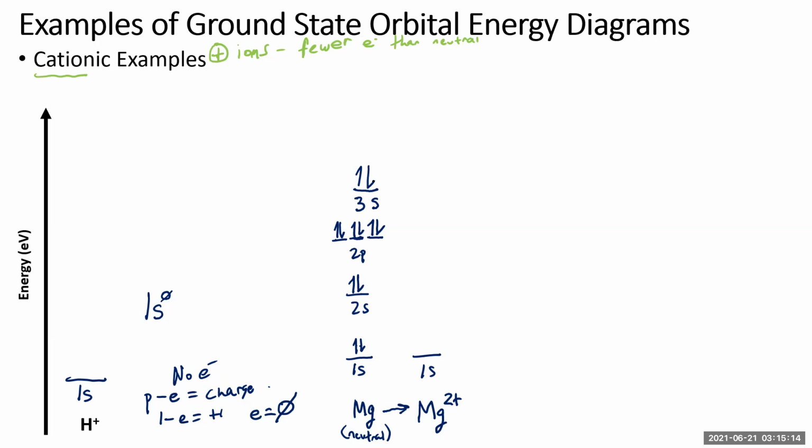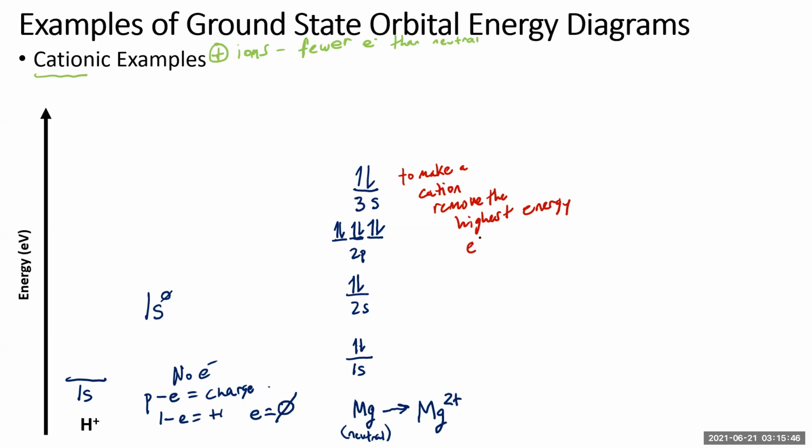And there we have it. That's neutral magnesium. So what do we do in order to turn magnesium into magnesium 2+? Actually, we don't really need to draw this over again. What we do is we simply remove the highest energy electrons to make a cation, a positively charged ion.